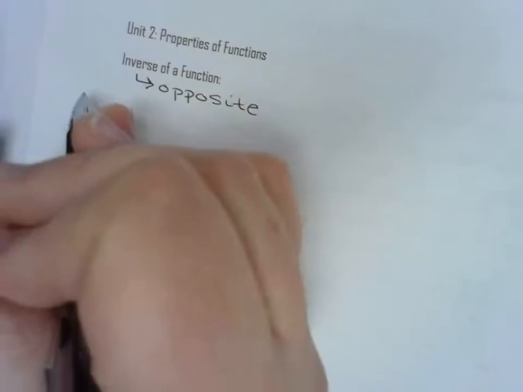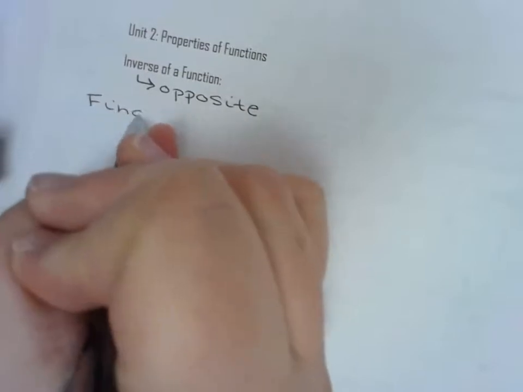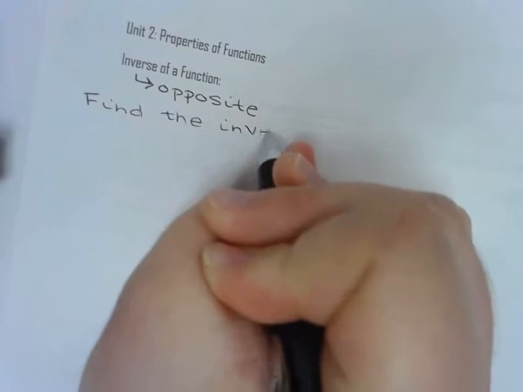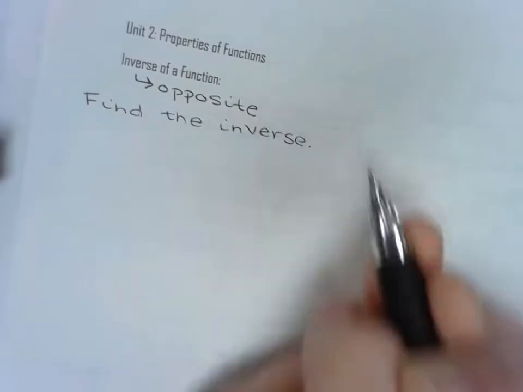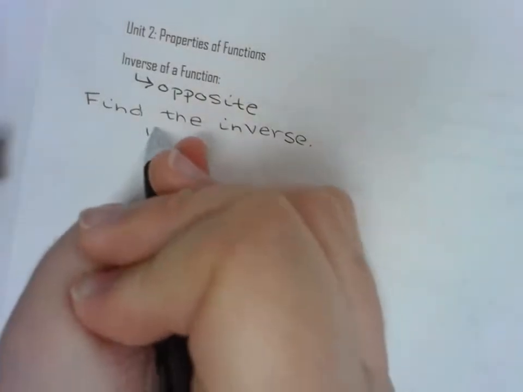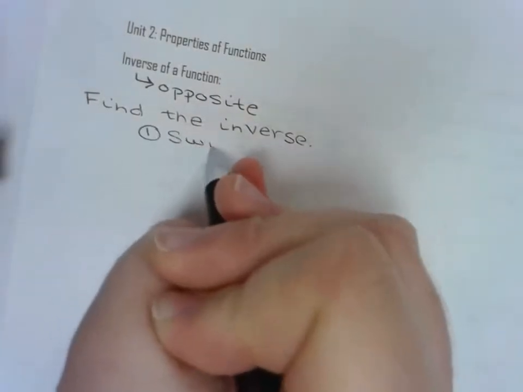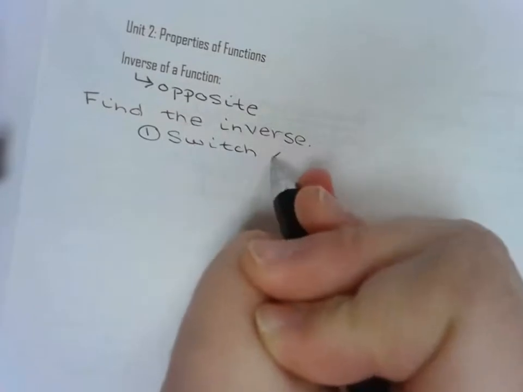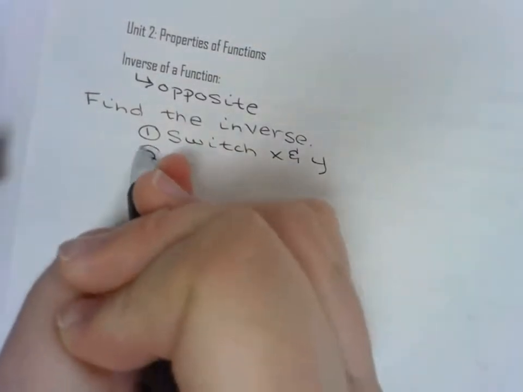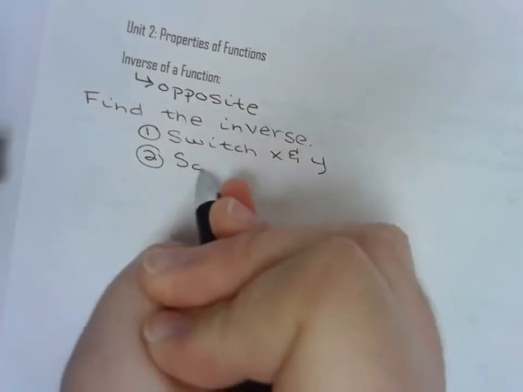The first one is going to be find the inverse. There's 2 steps, and it's pretty straightforward. You've done it before, so don't make it harder than it is. First step, switch x and y. And the second step is to solve for y.